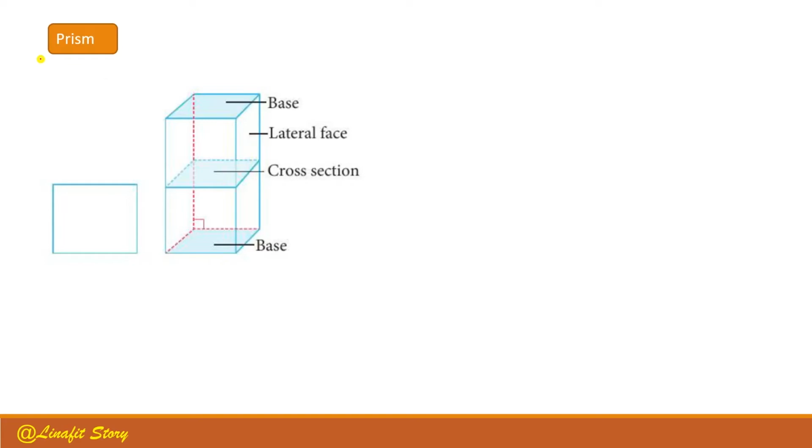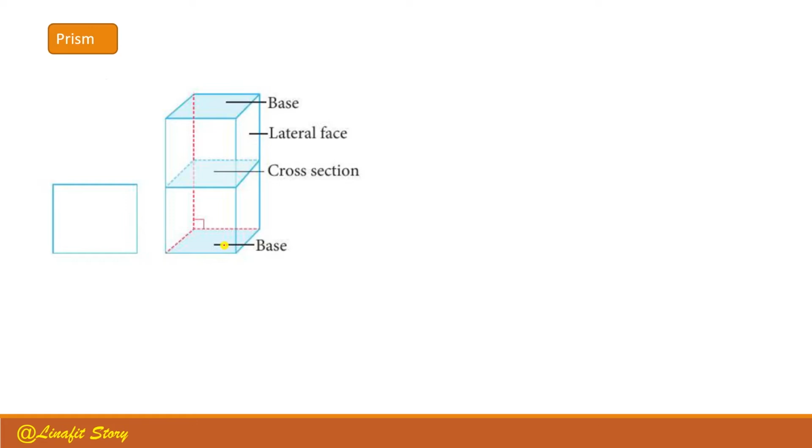Now we will learn about the prism. This is a rectangle piece of cardboard. A large number of identical rectangle pieces of cardboard are stacked up to form a cuboid as shown here. The top and bottom pieces of cardboard are the bases of the cuboid. The bases are parallel to each other and are identical rectangles.